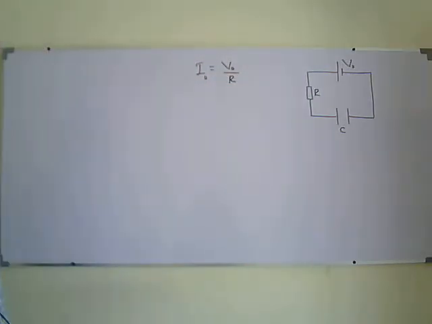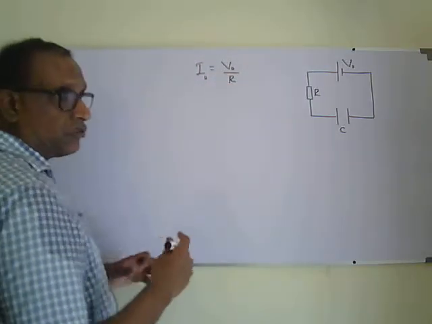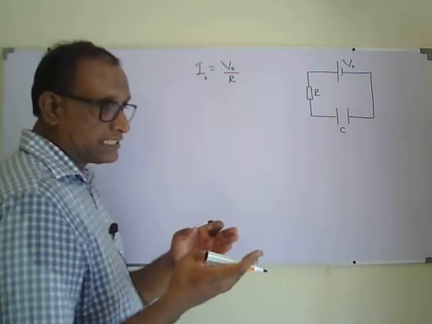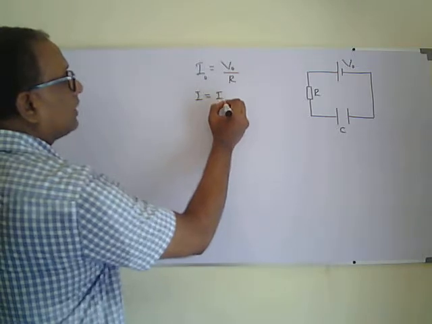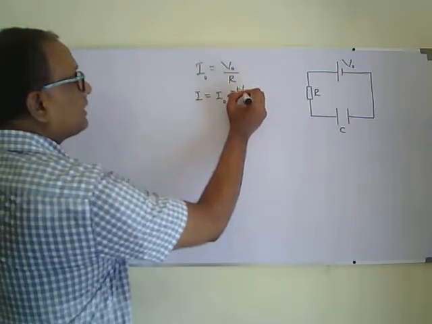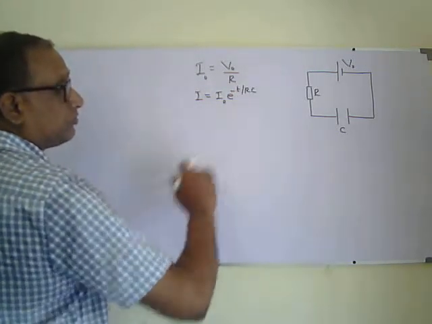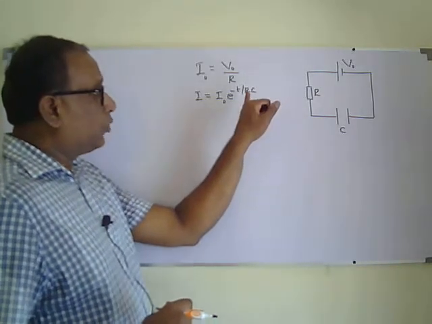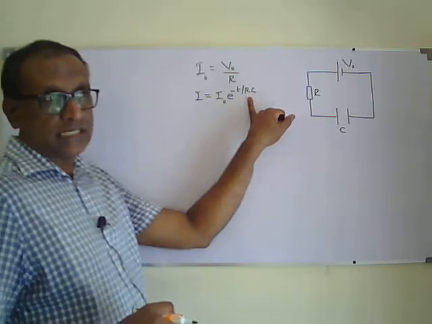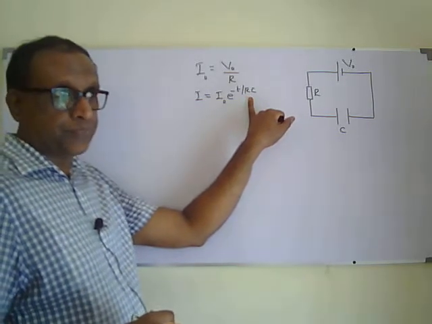That is the initial current flow. Then this current flow will decrease exponentially. It follows the equation I equals I naught e to the power minus t over RC, where RC is called the time constant. Its unit is also seconds.